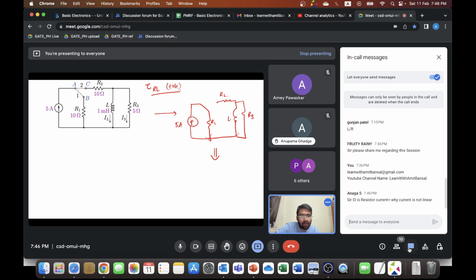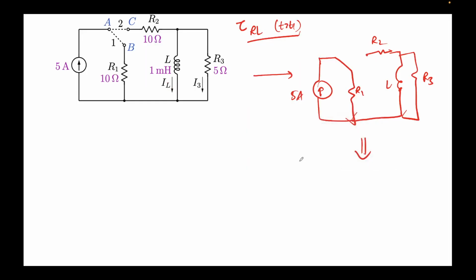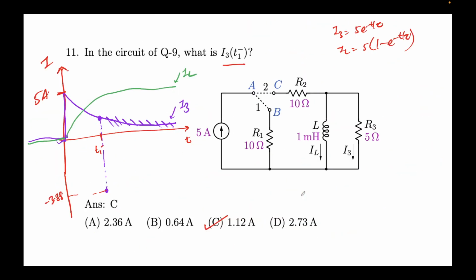Why is the current not linear? That's a good point that you raised. For a resistor, we know that V equals IR. In this expression, I am just plotting I versus t.